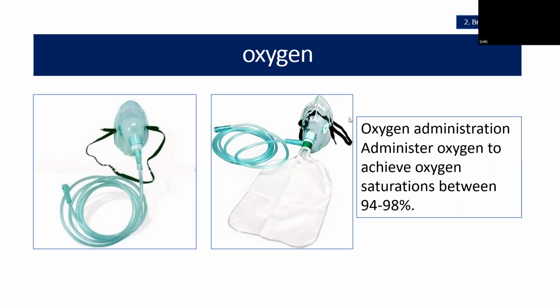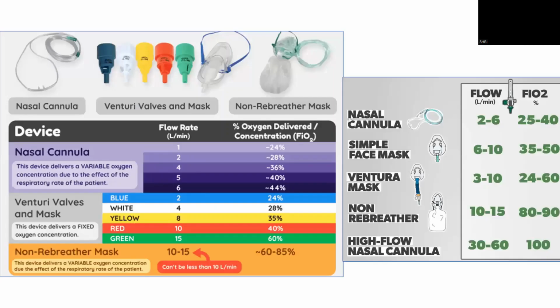In addition, there are some other oxygen delivering devices, like high flow oxygen or non-invasive ventilation. In this slide, you can see the sets of oxygen delivery devices, which I usually call interfaces. Nasal cannula is the first.